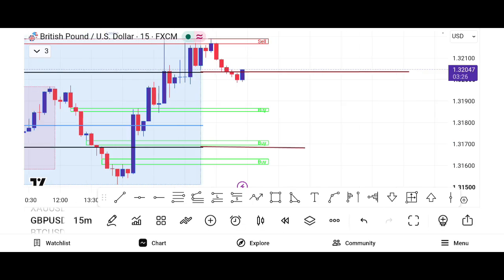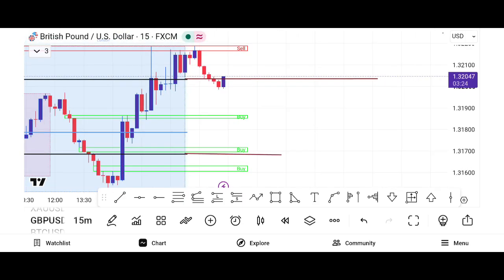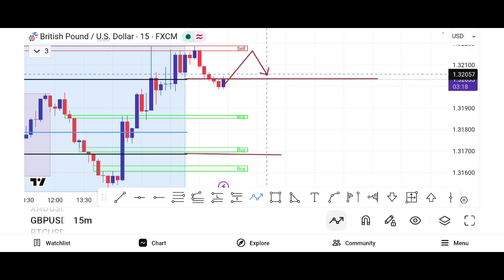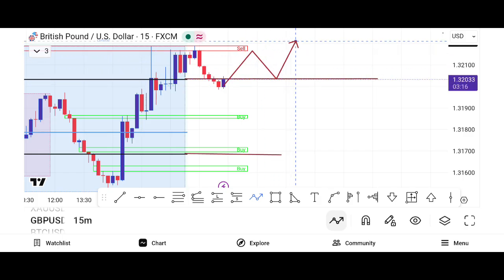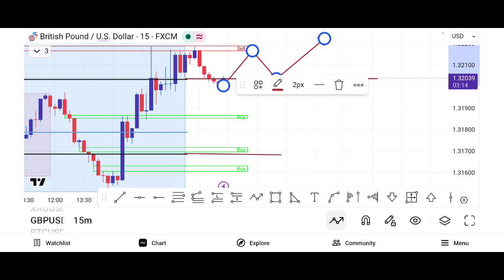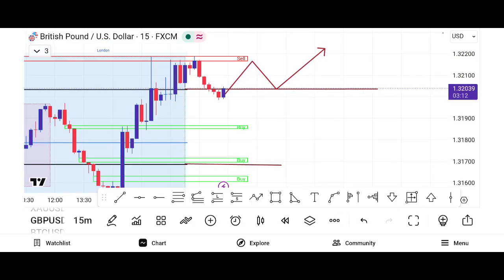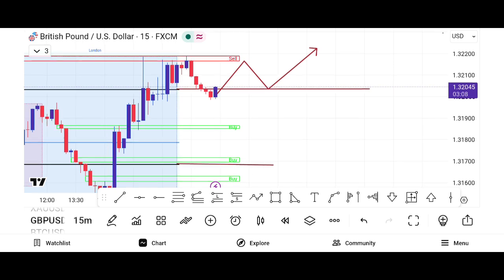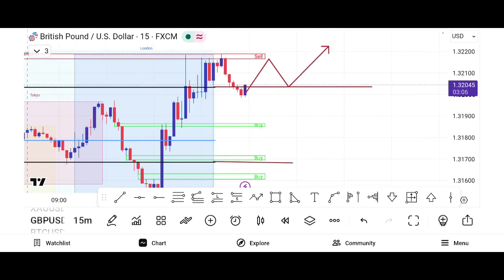But as you can see, we are on a bullish, so the market most likely might do this. The market might come back and bounce and head up, because the support can change to a resistance, and the resistance can change to a support.